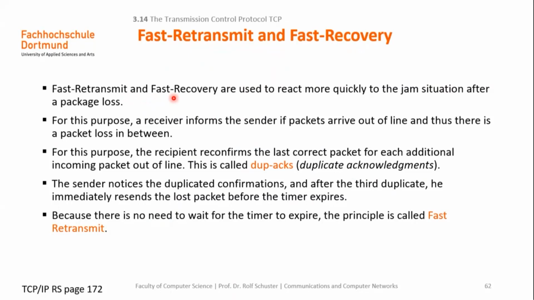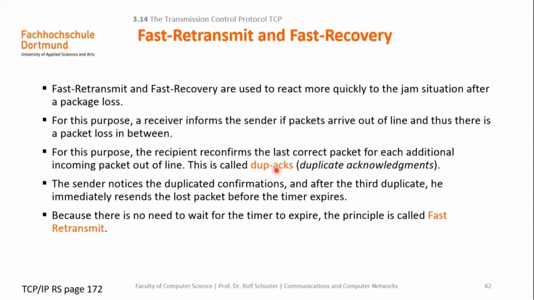For this purpose, a receiver informs the sender if packets arrived out of line, and thus there is a packet loss in between. The recipient reconfirms the last correct packet for each additional incoming packet out of line. This is called duplicate acknowledgements.